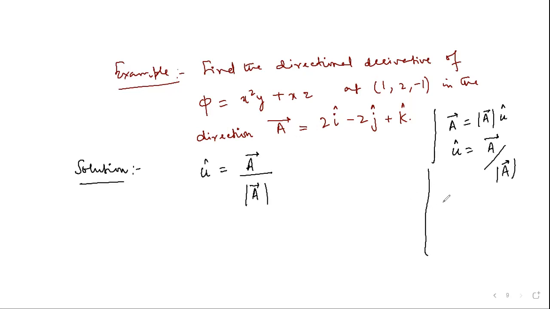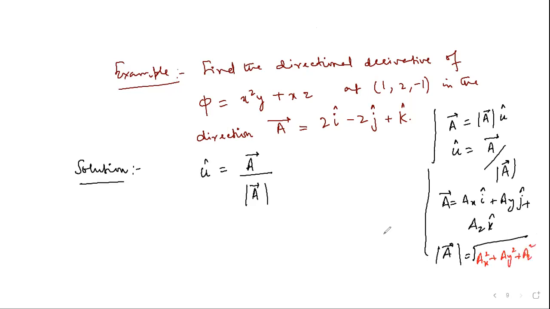This you also know. If you have a vector ax i cap plus ay j cap plus az k cap, then the magnitude of the vector is under root ax square plus ay square plus az square.